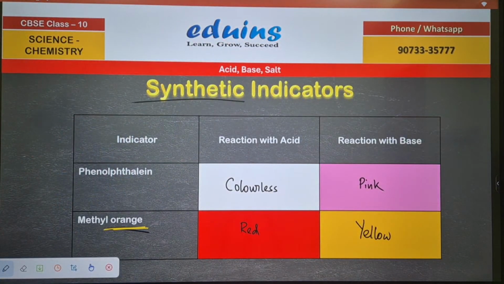These are the synthetic indicators in identification of base and acid. Is it clear to all of you? If you have any doubt, you may ask in our comment section.